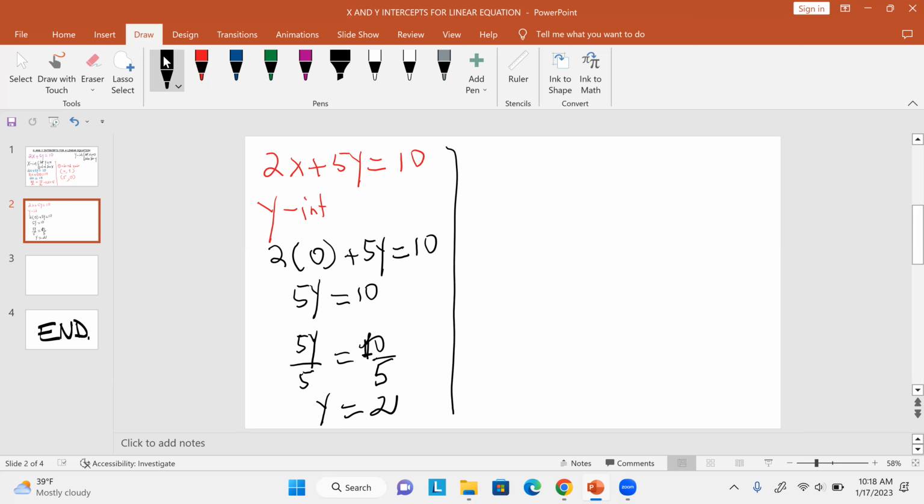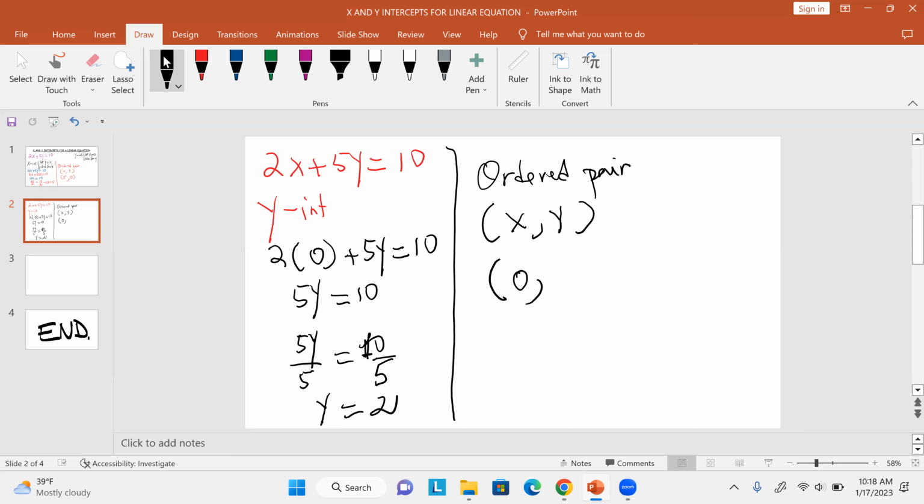And again, in case they ask you to write your answer in an ordered pair, we're going to have the x coordinate and the y coordinate. And for that, the x coordinate here is 0. That's the formula.